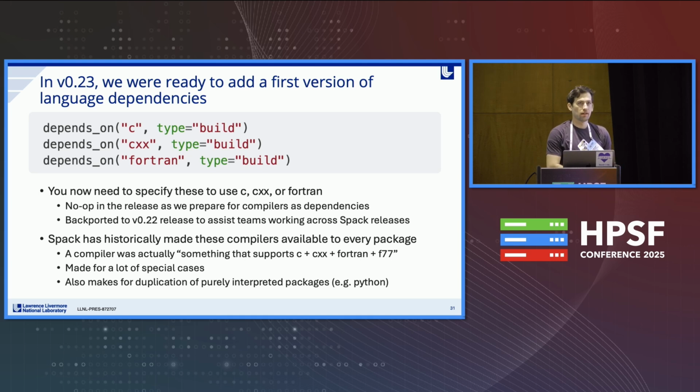Earlier in Spack, it was just assumed everything had a compiler, and that compiler provided C, C++, and Fortran. And okay, you're going to duplicate your builds of some pure Python stuff, but oh well. So with this, well, in 0.23, this was just so that you could start porting, but moving forward to develop now, you don't have to associate a compiler with your pure Python packages, because that's not how they build.